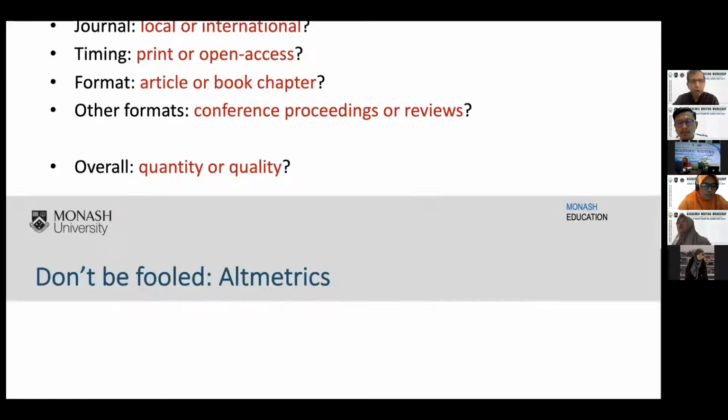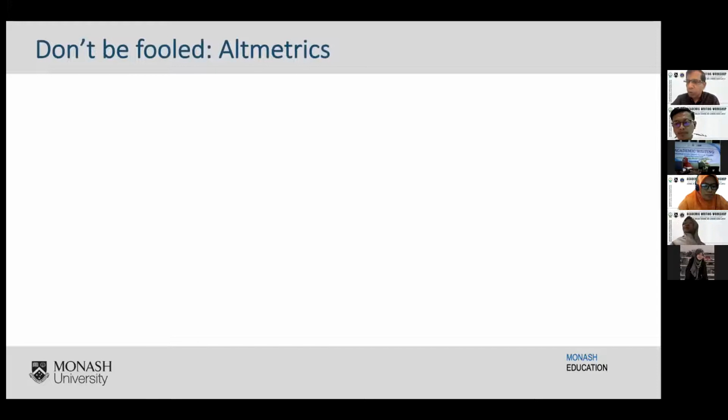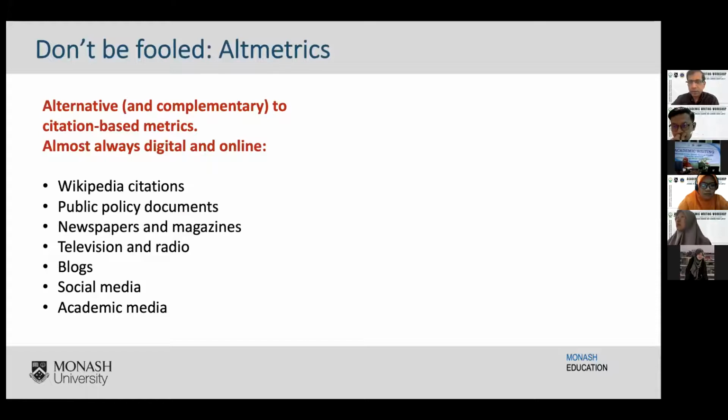And therefore, don't be fooled by altmetrics. What is altmetrics? It is things like Wikipedia citations all the way to newspaper and magazine and social media, television, radio, blogs, academic media, etc. So don't be fooled by this.